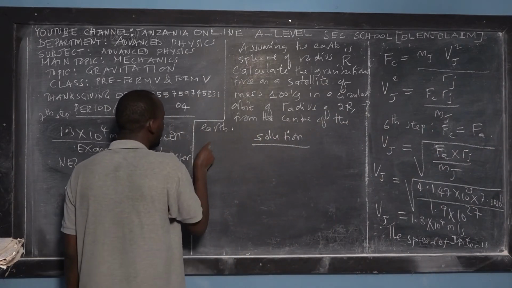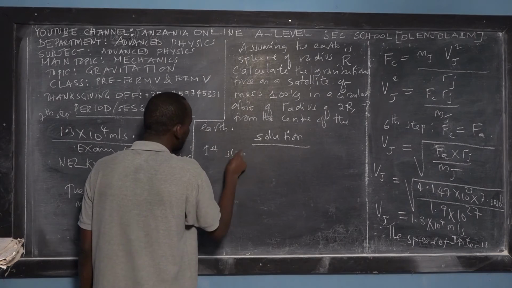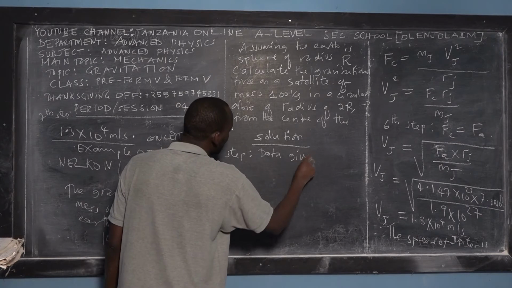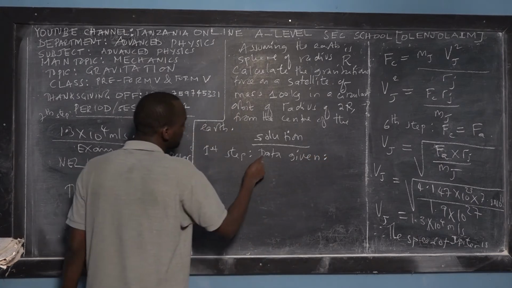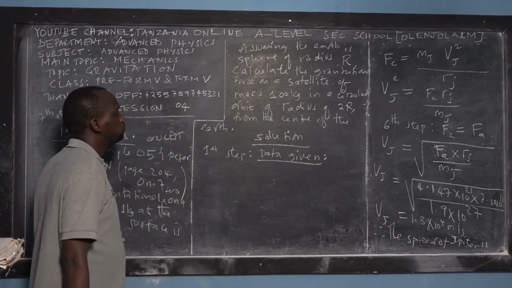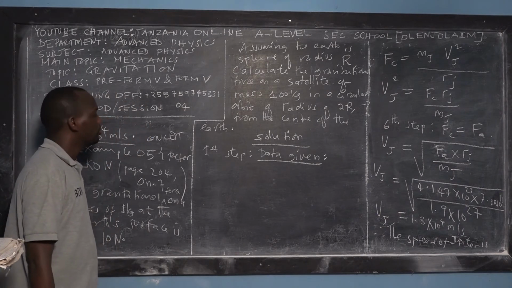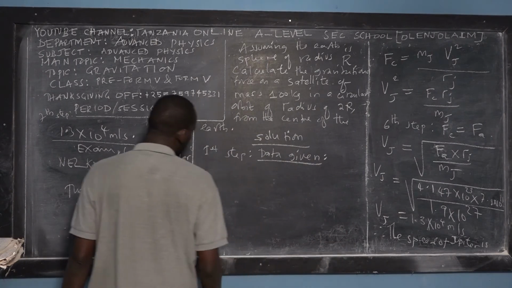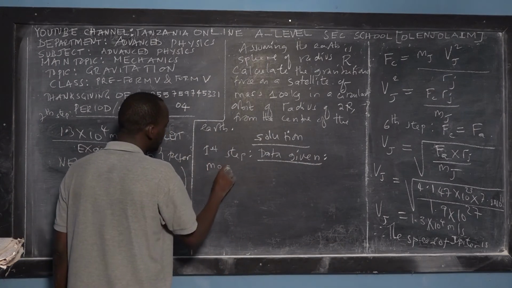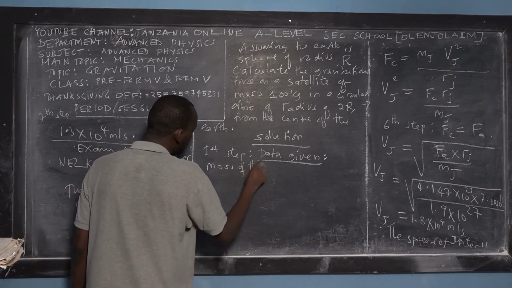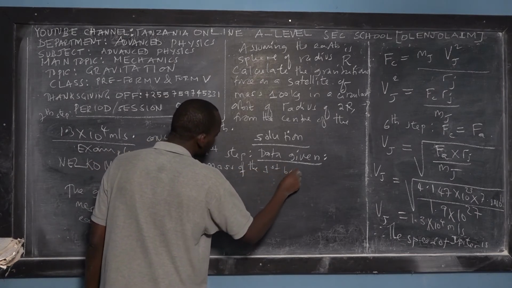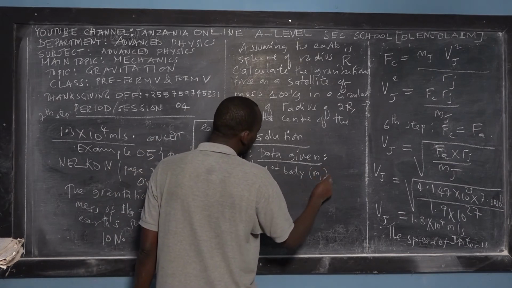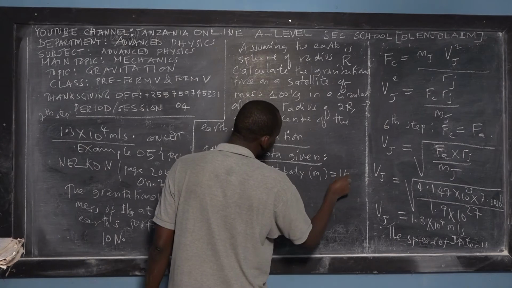So the first step always: matter given, analyze them. You have a body of 1 kilogram. So we say that the mass of the first object, M1, is equal to 1 kilogram.